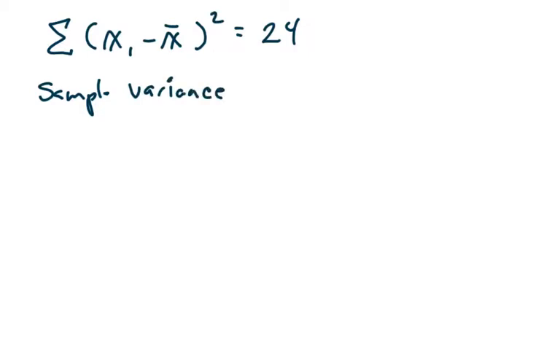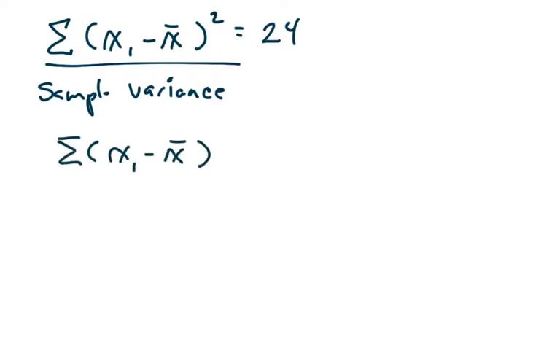All you're doing is taking this number 24, the sum of all of these squared deviations, and dividing it not by n, not by the sample size, but by one less than the sample size. So the equation is going to be this. It looks a little weird with the summation notation there.